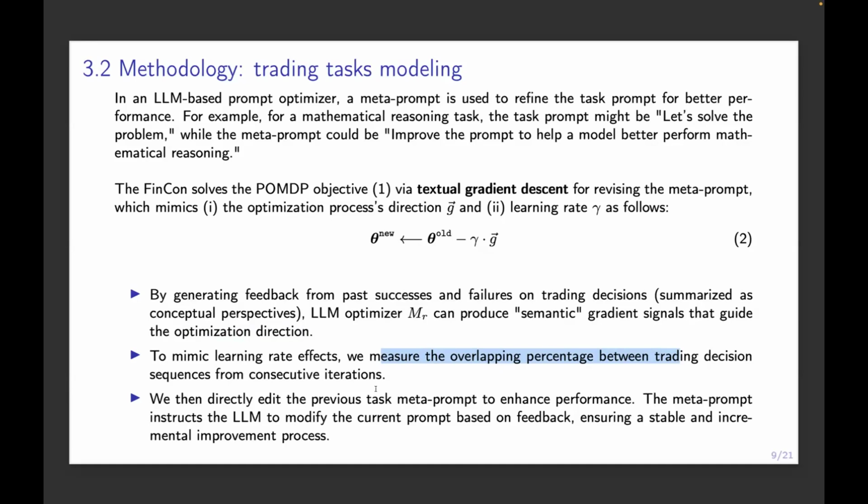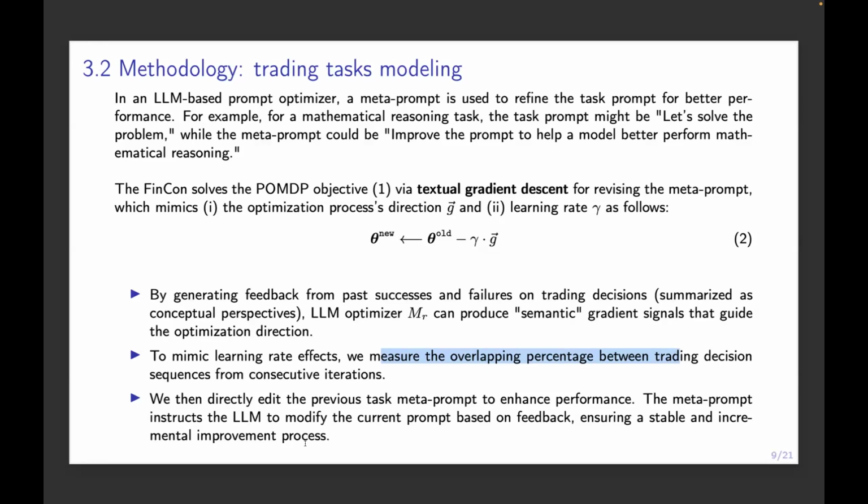We use this overlapping percentage as the learning rate. Then we add the previous task meta prompt to enhance prompt performance. The minus here means we add the old meta prompt to get the new updated one. The meta prompt instructs the large language model to modify the current prompt based on the feedback, ensuring a stable and incremental improvement process.